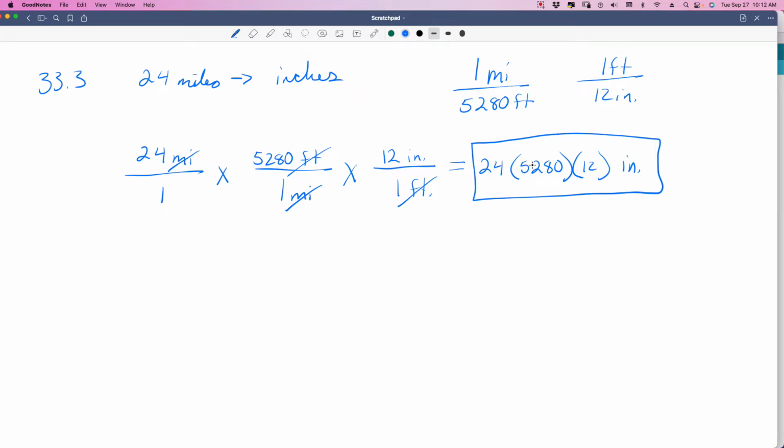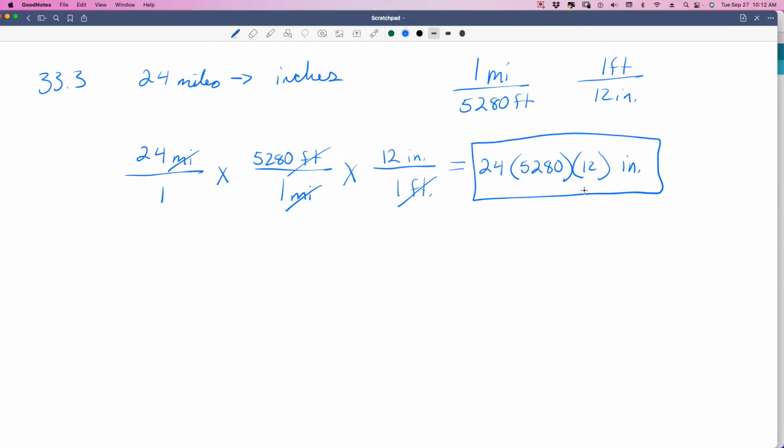I expect you to leave it just like this, and that will let me see that, yes, you put 24 first, and 5,280 second, and 12 third, and you got the right unit of measure, which was inches, so you know exactly how to do the problem. That is what this tells me. So you don't have to go any further. You can leave it like this, okay? If you have to pull out your calculator in order to solve it, then don't solve it when it comes to unit conversion problems.